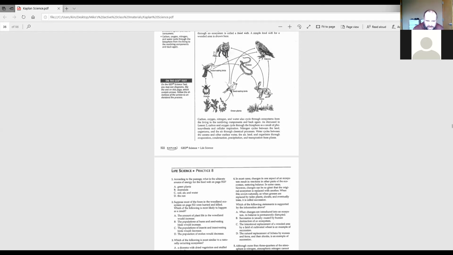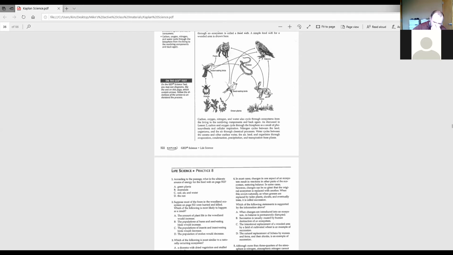A, the amount of plant life in the woodland would increase. Here's plant life down here. If we were to remove foxes, would that increase plant life? Well, foxes aren't directly eating plants, but they do eat animals that eat plants. I'm going to leave A for now.